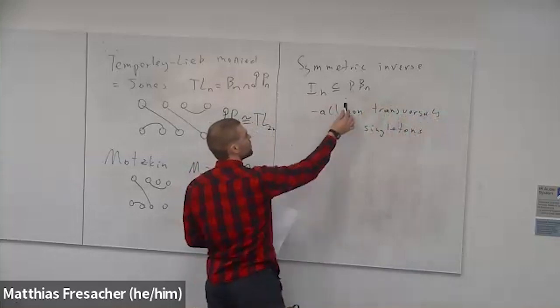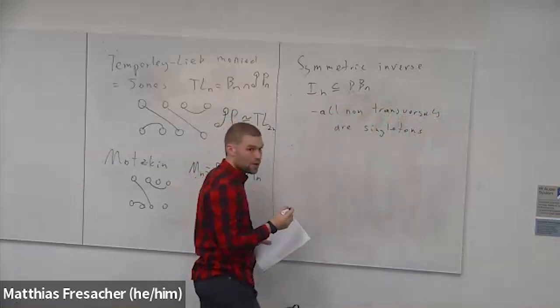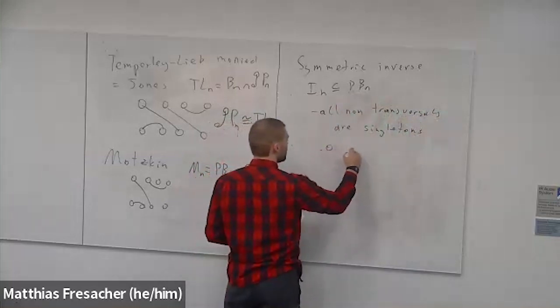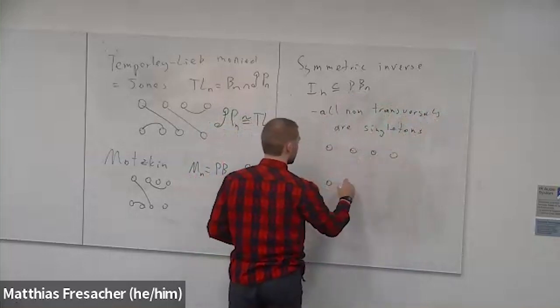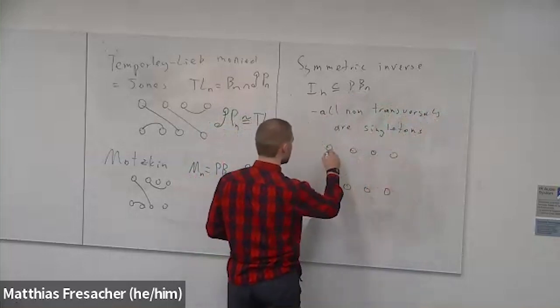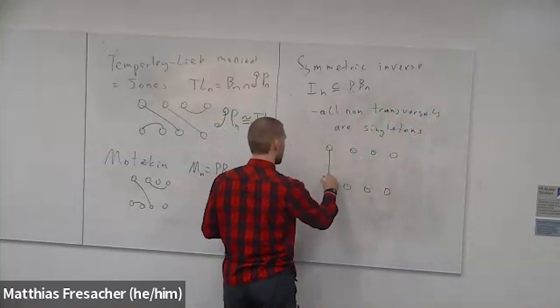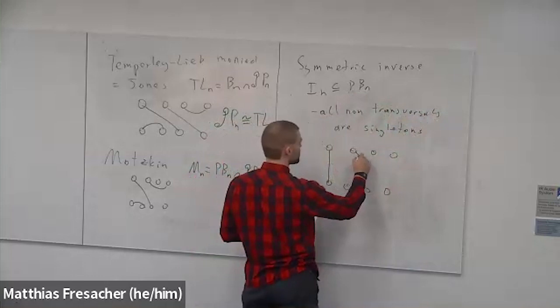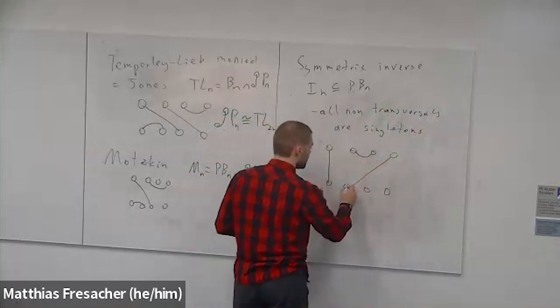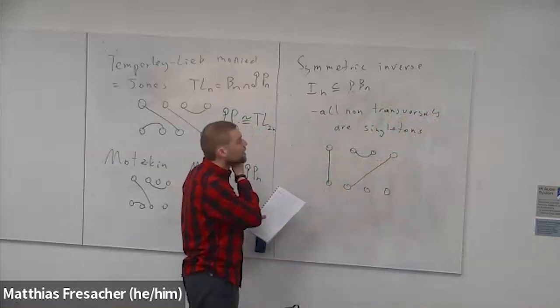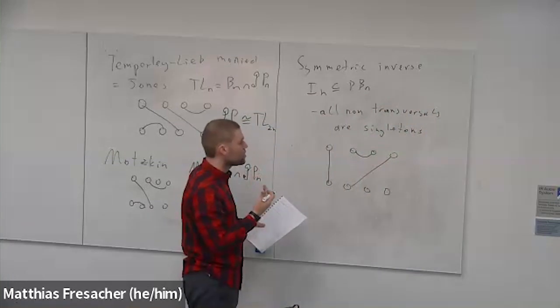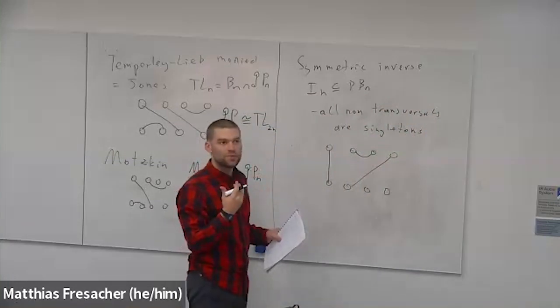Okay, so we start off with a partial Brauer. We could have something like this, and then all non-transversals need to be singletons.